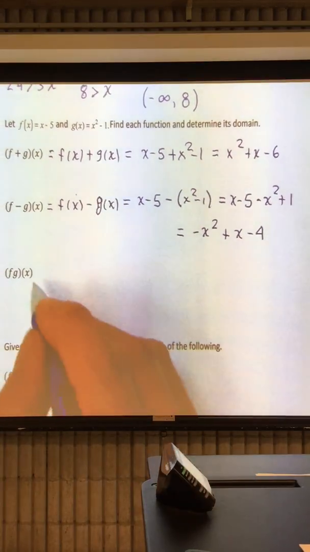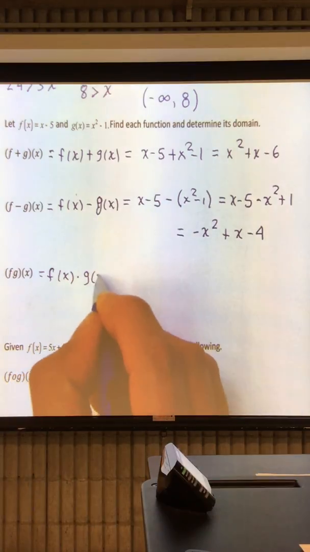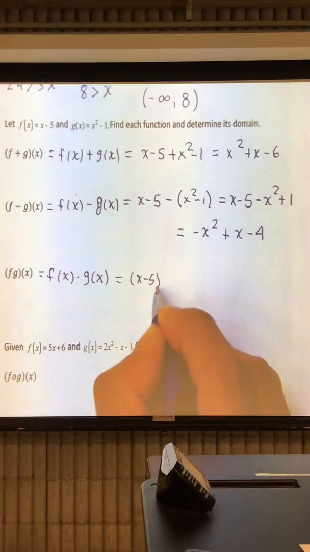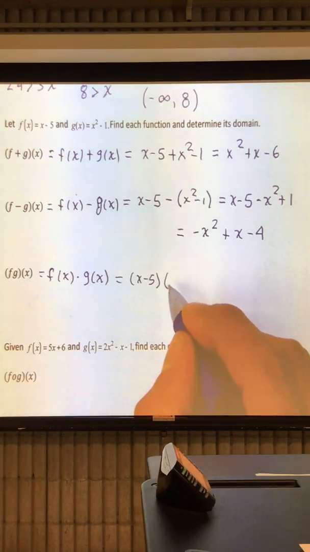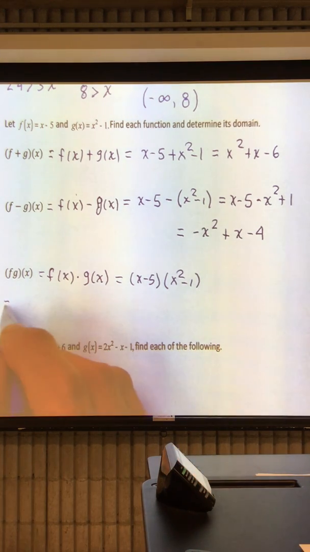The last one asked us to multiply the function f of x by the function g of x. So we'll write down f of x and multiply that by g of x, x squared minus 1. Very carefully, we'll have to multiply this out.